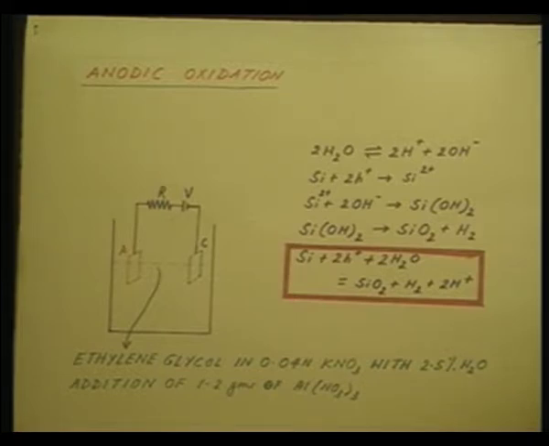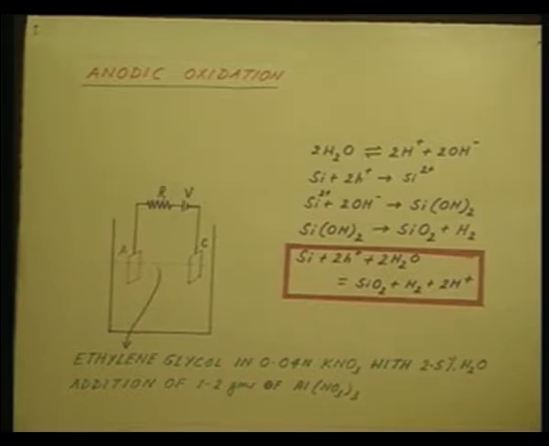It is a semiconductor electrolyte junction. This junction is broken and there are sufficient generation of holes. So, by this way you can anodically oxidize an n-type silicon wafer also.